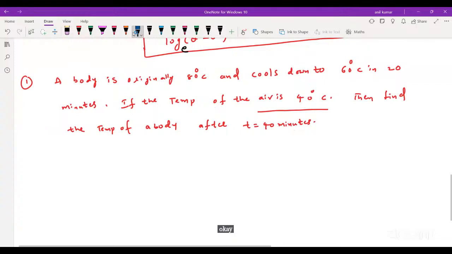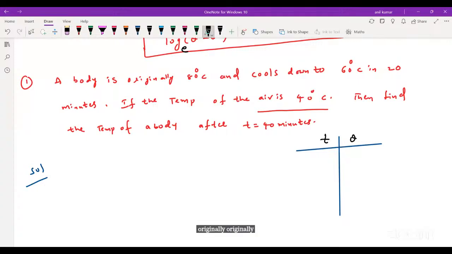Now, before I solve, I'm going to read the question. A body is originally 80 degrees centigrade. Originally, initially, starting.